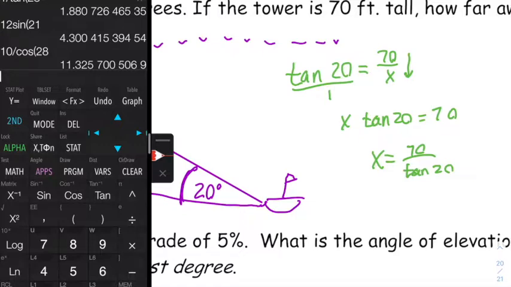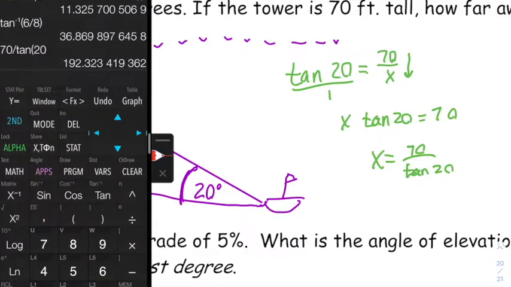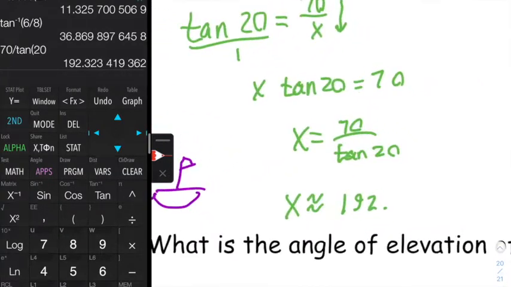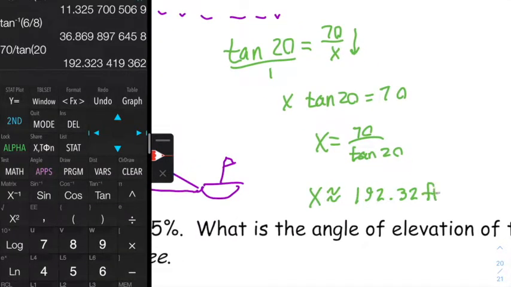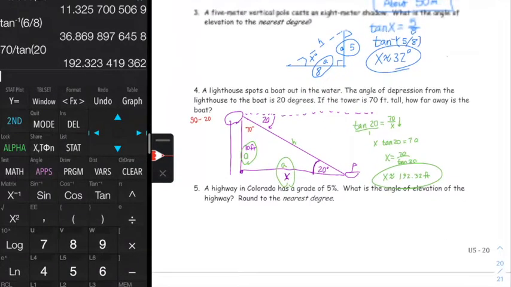So then let's type that in and see what we get here. 70 divided by tangent of 20 degrees. That apparently comes out to approximately 192. Let's see, they didn't say any rounding, so I'll just say 192.32. And then let's see, units was feet. And that'll be it there.